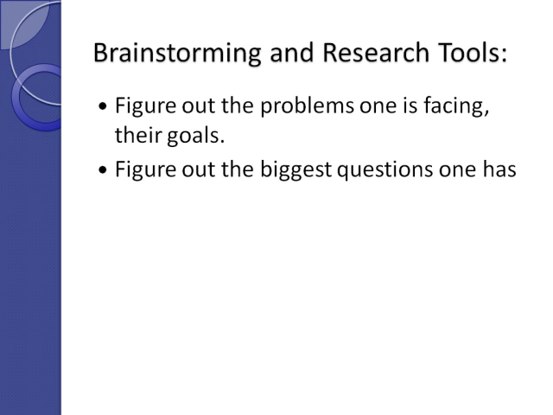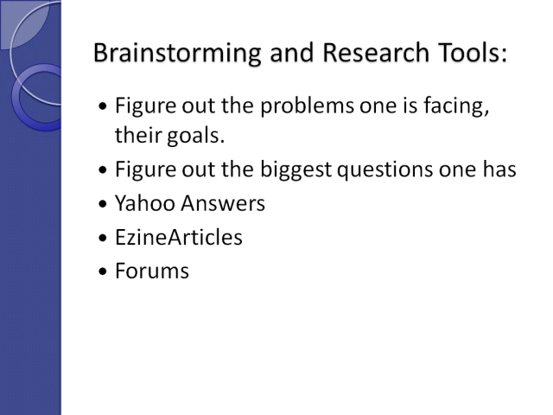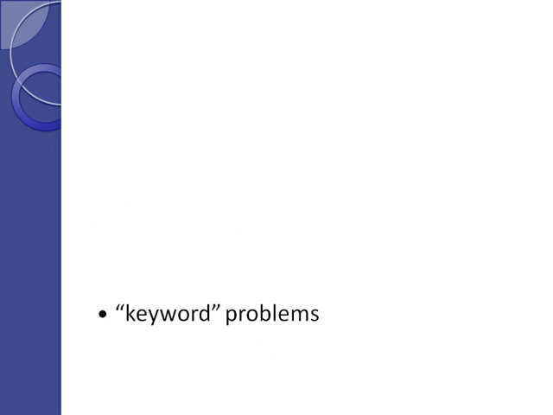You want to figure out the biggest questions that one has. And to do that, research tool wise, I use Yahoo Answers, depending on the niche, and I use Easy Articles. These two resources have a lot of material and a lot of good information on there. Forums are also a great place to figure out the problems people have in that niche.